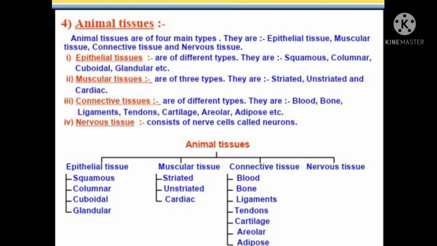The tissue which is responsible for movements in our body is known as muscular tissue. A specialized tissue that responds to internal and external stimuli is nervous tissue. Let us study about tissues in our body.